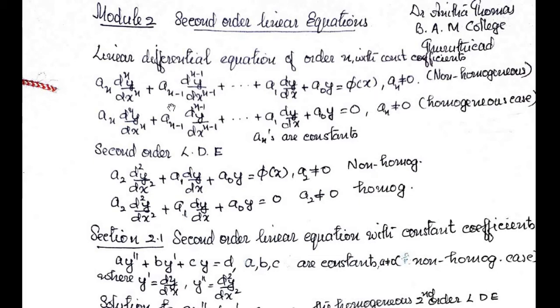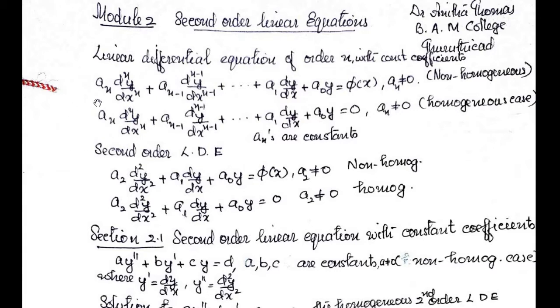This is the non-homogeneous form of nth order linear differential equations with the constant coefficients an, an minus 1, etc. are constants. If the RHS is 0, we say that it is a homogeneous linear differential equation with constant coefficients.